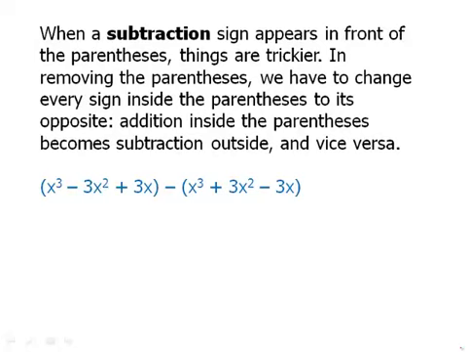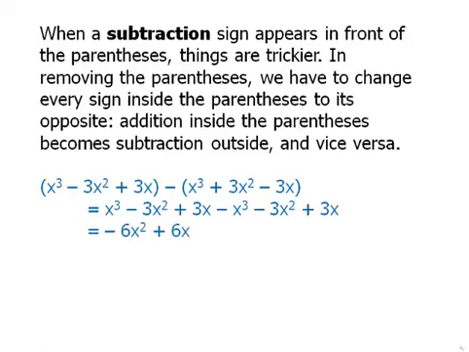But the second parentheses, when we remove those, the addition of 3x squared inside becomes subtraction outside, and the subtraction of 3x becomes addition outside. Those two change to their opposite. And once we have that, we can simplify, and it simplifies to this.